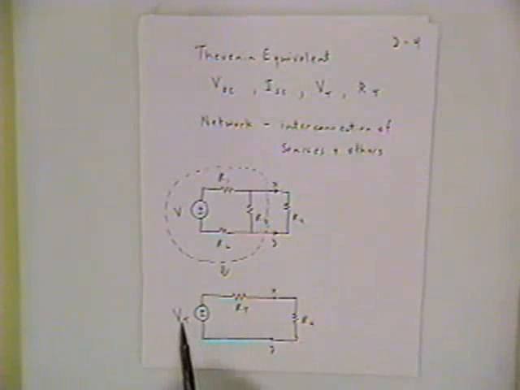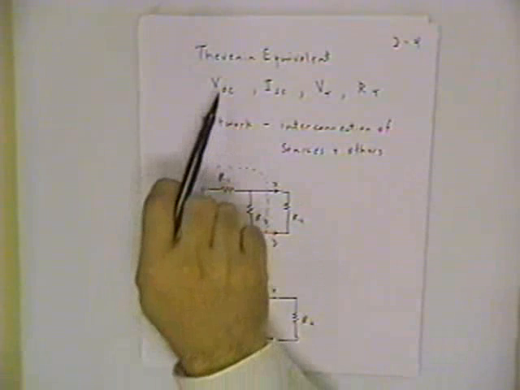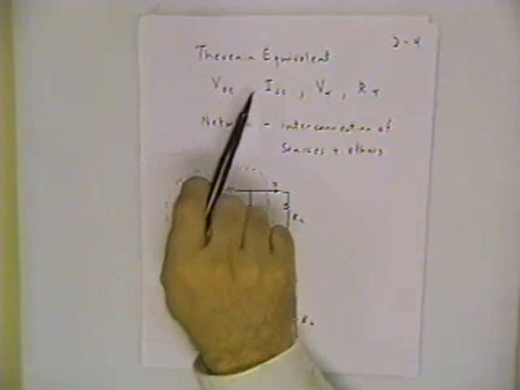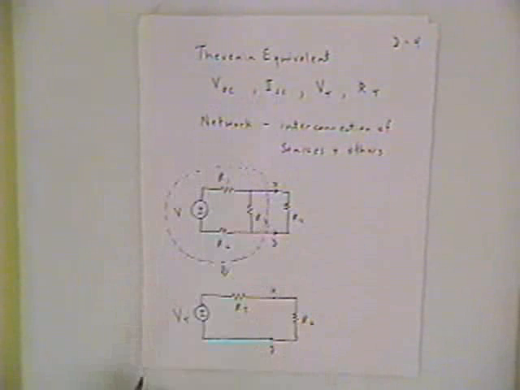Now the question is, how do you get V Thevenin and R Thevenin? The way you get that is by defining these concepts of open circuit voltage and short circuit current. So let's turn to that issue.